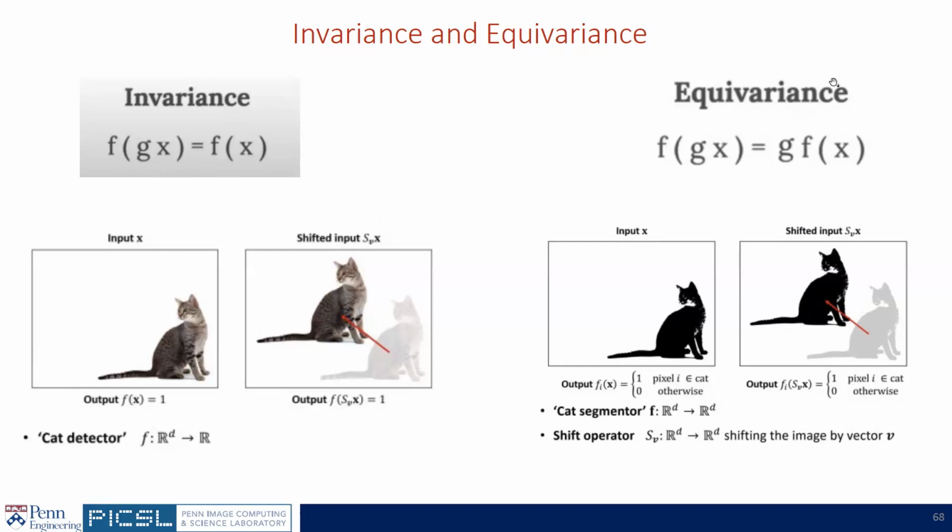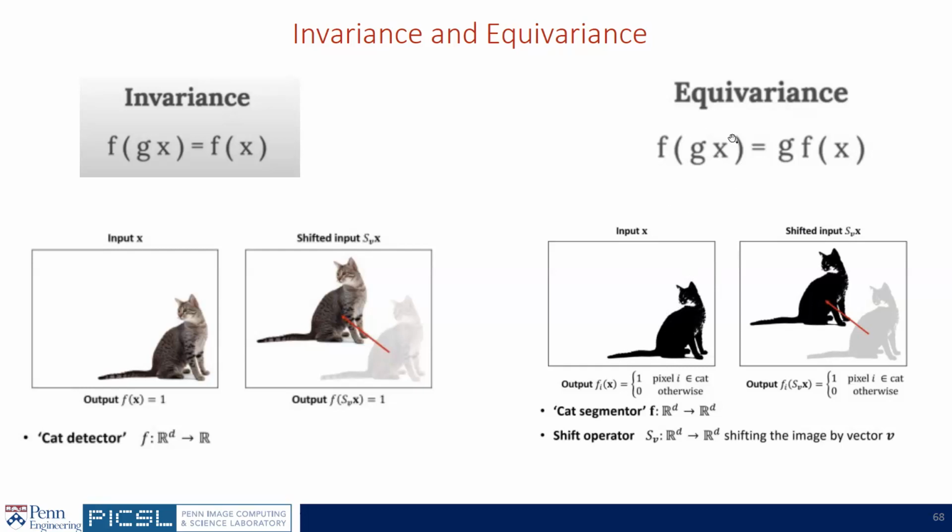Now, what is equivariance? f of g of x should be g of f of x. So there is a g here, which wasn't here. Suppose my cat was somewhere over here, let's say. I shift it to this place, and I run my neural network f to segment this image.